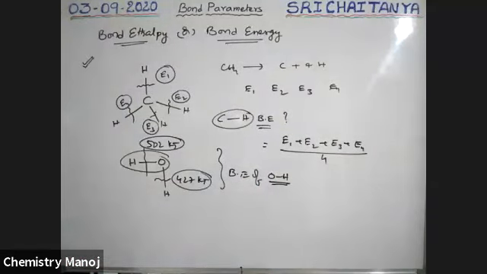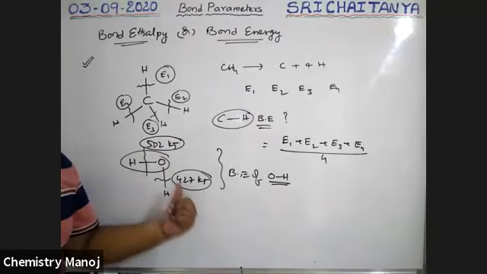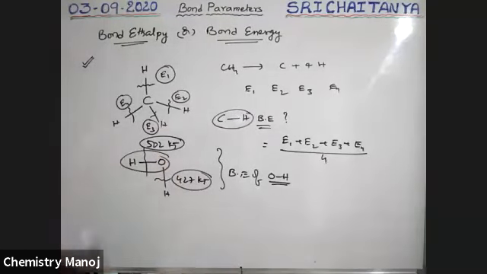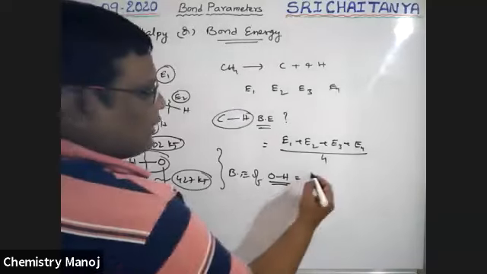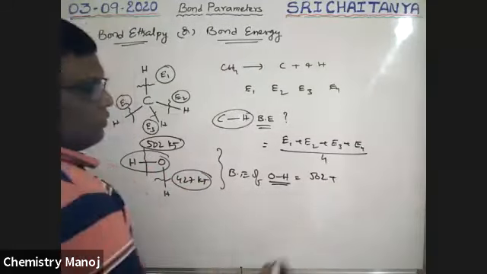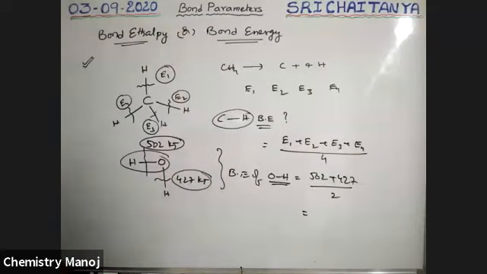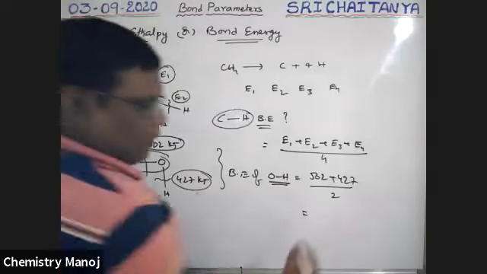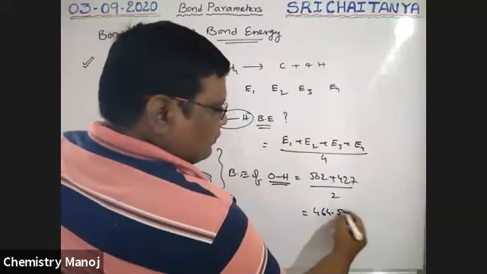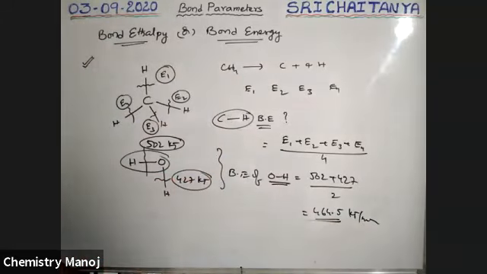Is it 502, or 427, or the average of these two? It is the average of these two. The bond enthalpy of O-H is equal to (502 + 427) by 2. That value is 464.5 kilojoules per mole. So this is the bond enthalpy, and this is the way to explain bond enthalpy.